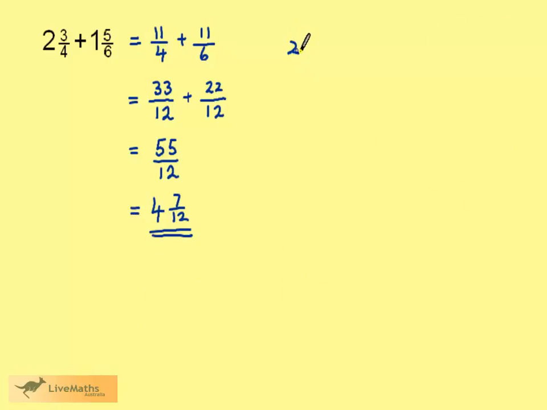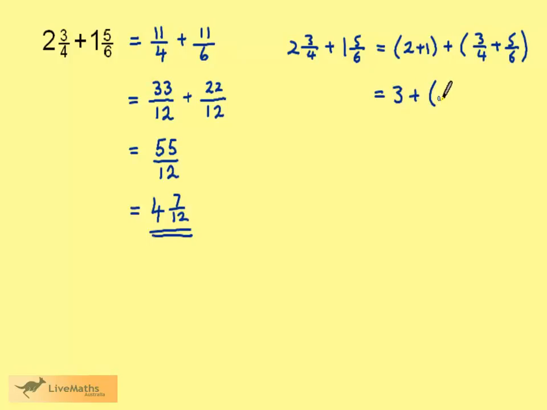An alternative way of adding these fractions without using improper fractions is to add the whole number parts and the fraction parts separately. For the whole number parts we have 2 plus 1, and for the fractional parts 3/4 plus 5/6. 2 plus 1 is 3. 4 and 6 means we need a common denominator of 12, the smallest number they both go into. 3/4 is the same as 9 twelfths.